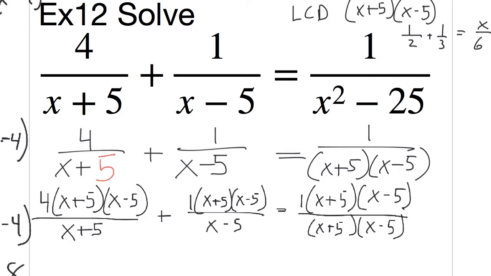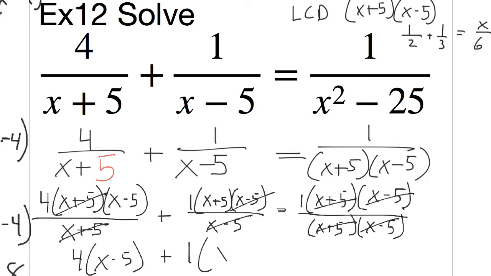If you cancel, and canceling is, gosh, it's got to be one of the most fun things about Algebra 2, just crossing things out like crazy. You can cancel all of this, and we've arranged it to cancel. So what we're left with is 4 times x minus 5 plus 1 times x plus 5 is equal to 1.